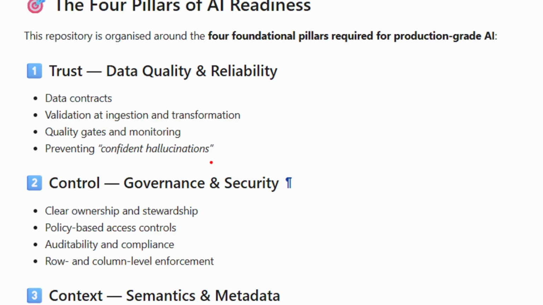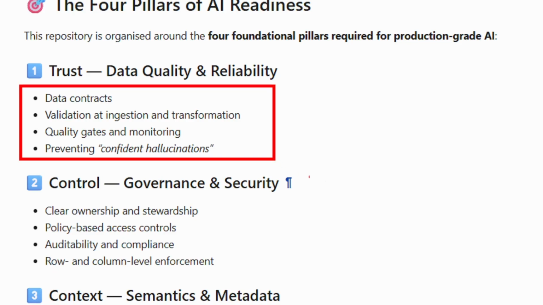So here we're trying to understand what trust, or data quality and reliability, means by looking at some data and seeing what is required to have good data quality. First, we are going to have the data contract and validation at ingestion. This is the key part.